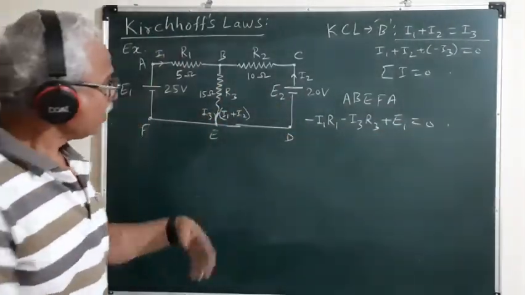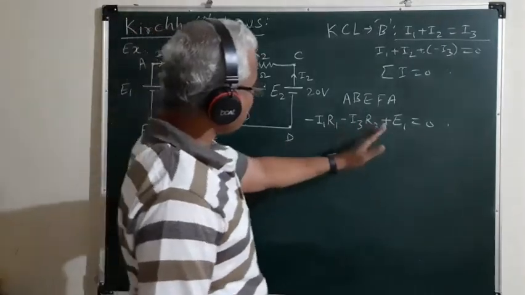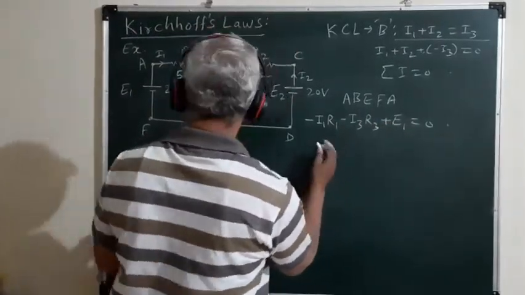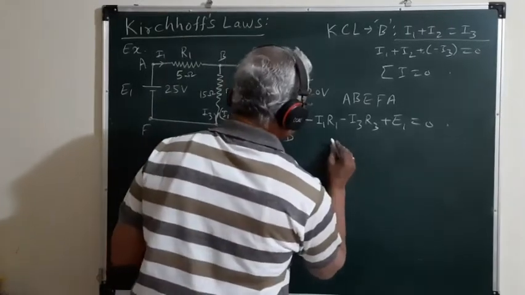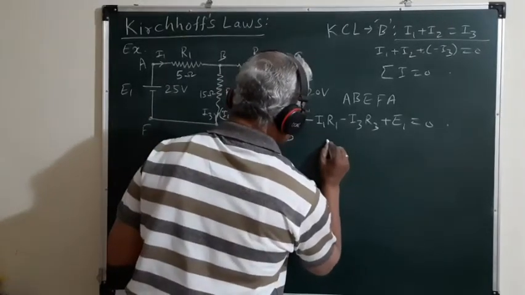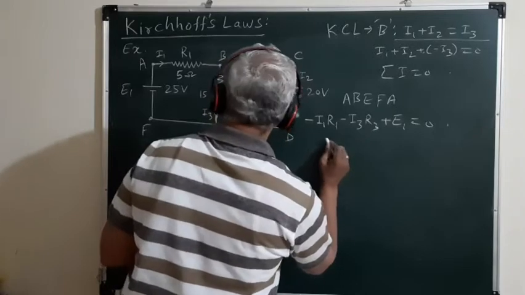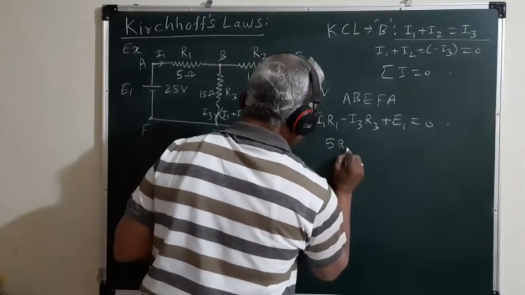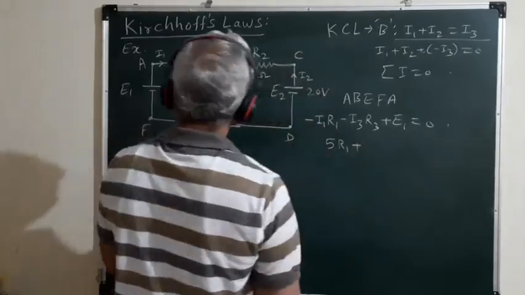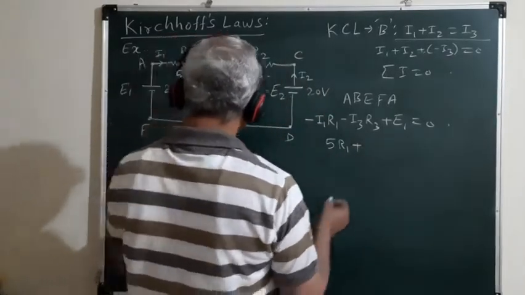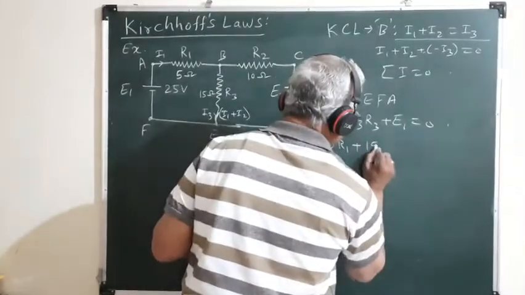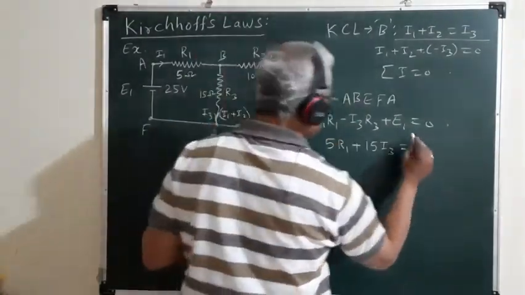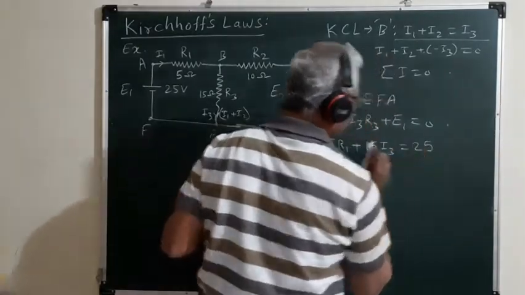Now using the values of R1, R2 and E1 here, we can express this relation as E1 is 25. This is I1. R1 is 5 ohm. So it is 5 I1 plus 15 I3 is equal to E1, which is 25.